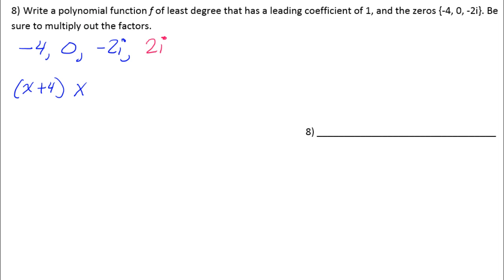Now I'm going to put these both in pink to keep them separate. So from the negative 2i, I have x plus 2i. And from the positive 2i, I have x minus 2i. So these are the corresponding factors. Let's multiply these and then multiply all that together.